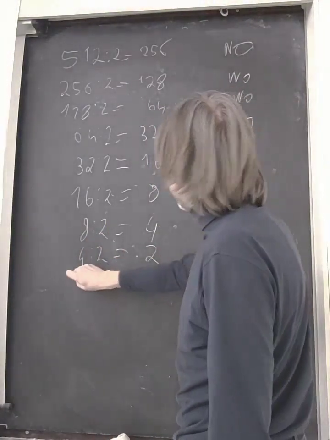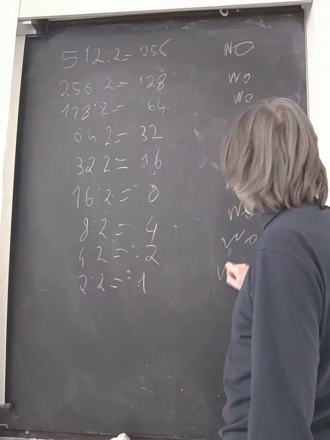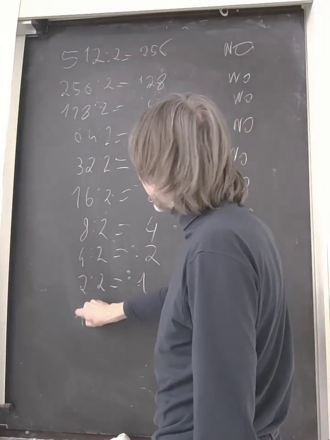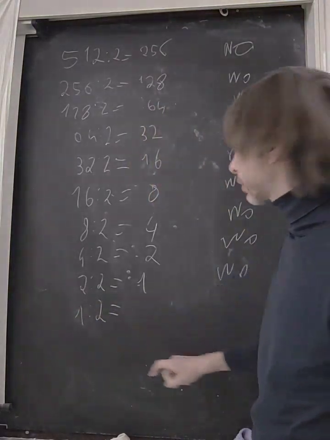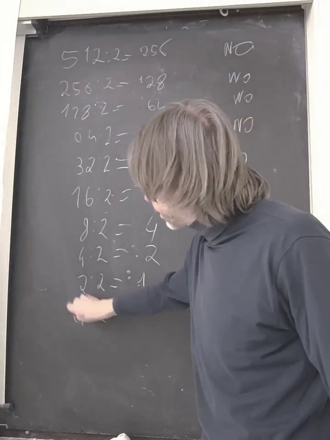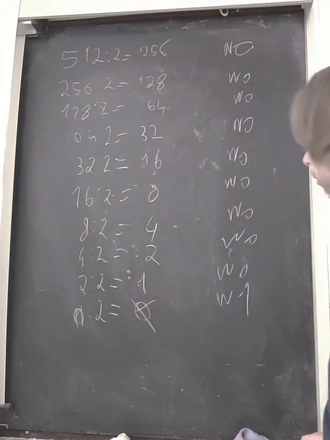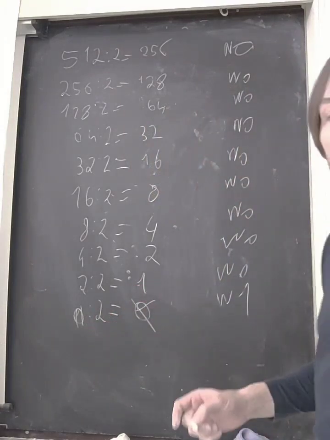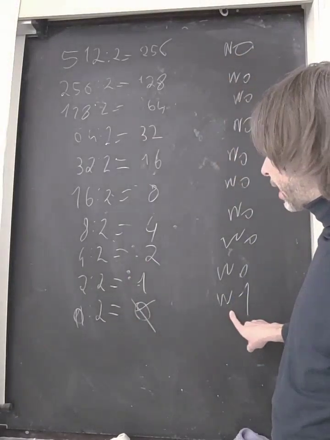2 divided by 2 is 1, with a waste of 0. 1 divided by 2, at last I have got a waste of 1, and I lower it, it becomes 0. 0 divided by 2 is 0, and I finish. Okay, I have just one waste of 1 at last.